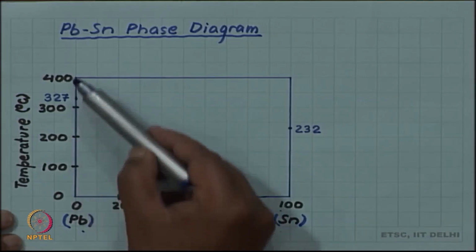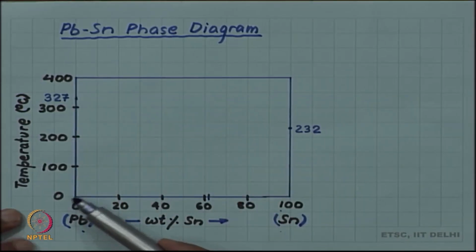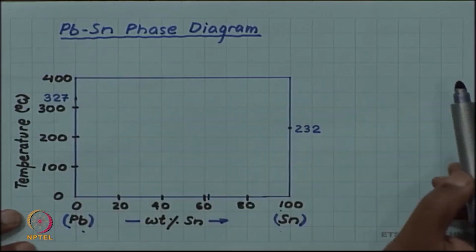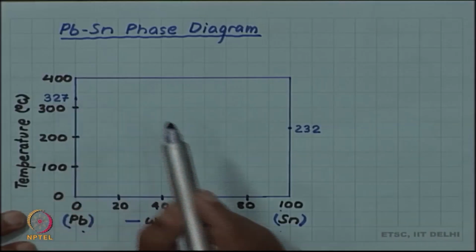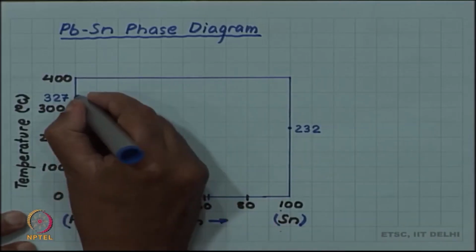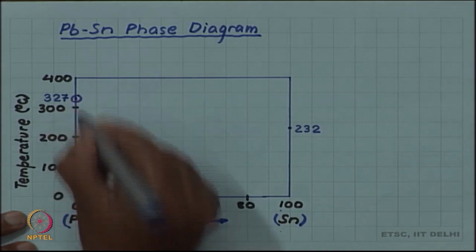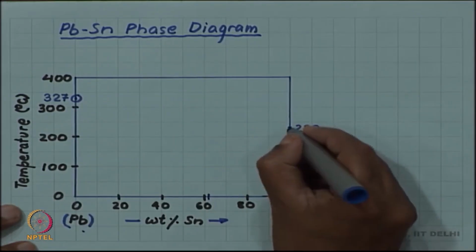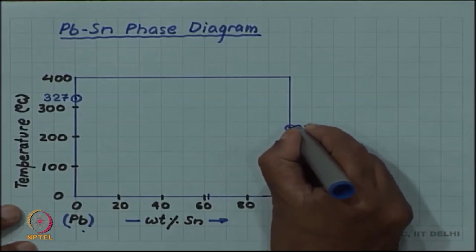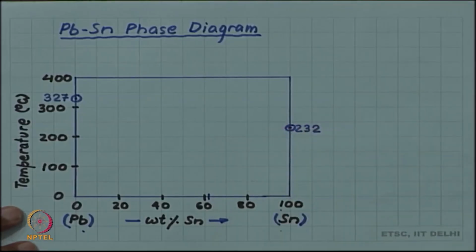And we have the temperature axis. Now, we do not have to have a temperature axis running into 1000 degrees Celsius. Highest temperature, the melting point is only 327, that is of pure lead. So, we have that on the lead axis, and we have 232, which is the melting point of tin, on the tin axis.